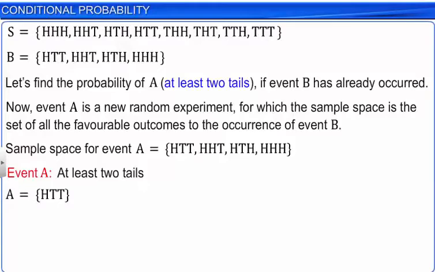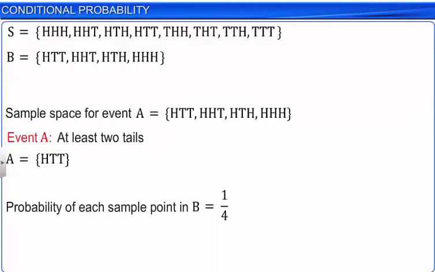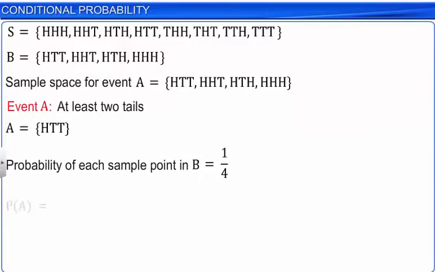The number of sample points in the sample space of event B is 4, and all are equally likely. Therefore, the probability of each sample point is 1/4. It implies that the probability of event A is 1/4.